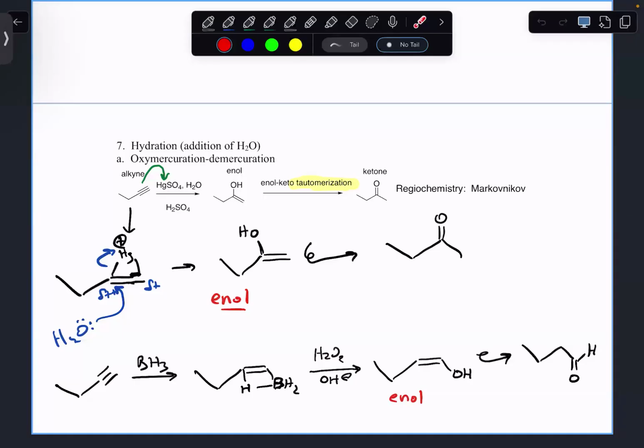The main thing is that you know that it is a rearrangement that takes that enolic form into the much more stable carbonyl form. And so, because of the Markovnikov nature of the mercuration, you end up with a ketone as your final product. If you do the hydroboration, because that is anti-Markovnikov addition, you end up making the aldehyde form.